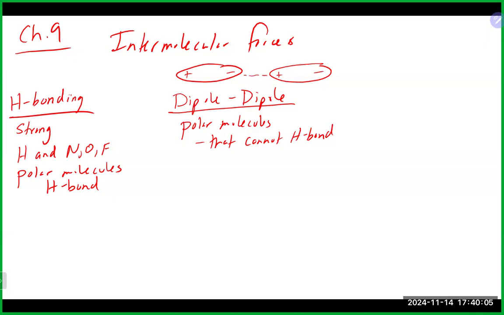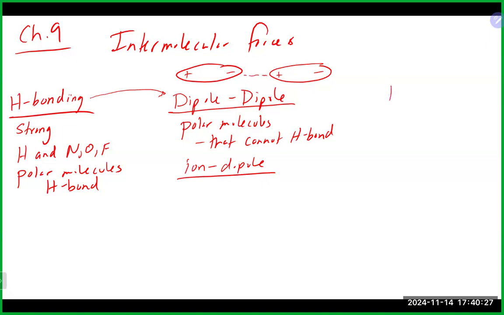Also relatively strong, but hydrogen bond is still a little bit stronger, even though it's really a type of dipole-dipole. We also talked about ion dipole interaction, and ion dipole is basically what happens when ionic compounds dissolve in something like water, where the ions get surrounded by the polar molecule of water and really allows it to dissolve.